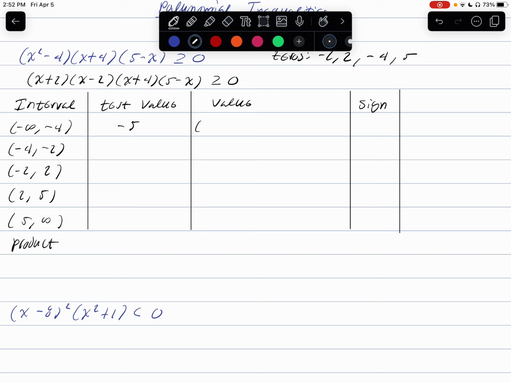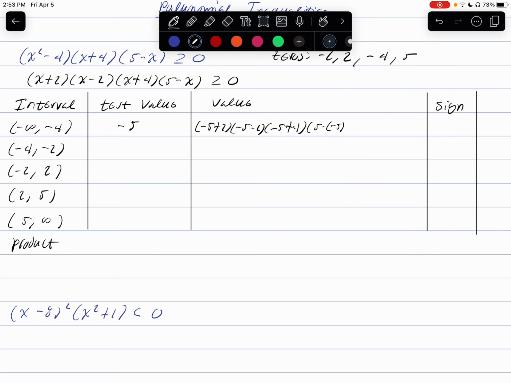So we'll have -5 plus 2 times -5 minus 2 times -5 plus 4 times 5 minus negative 5.